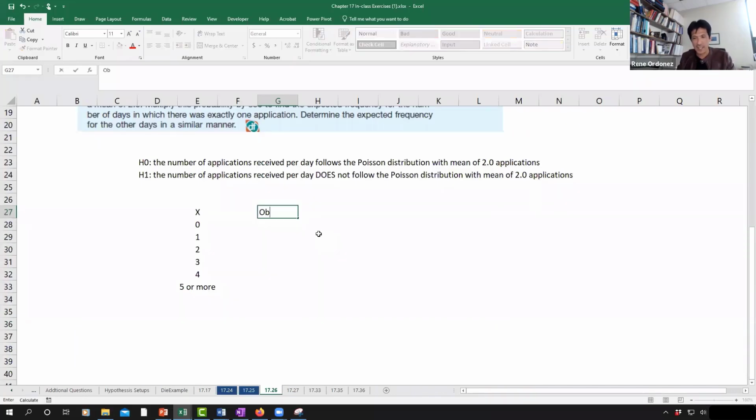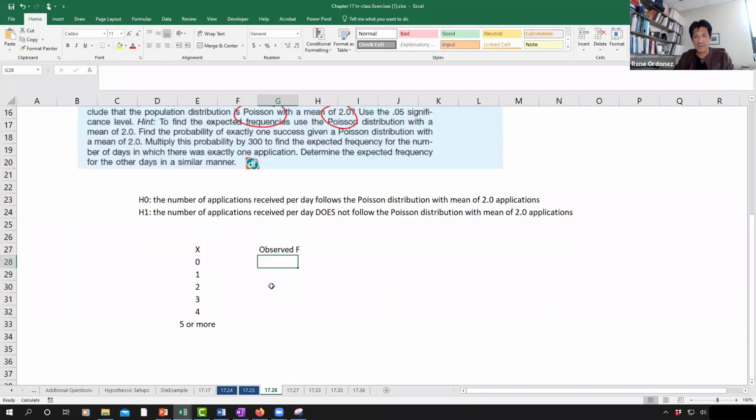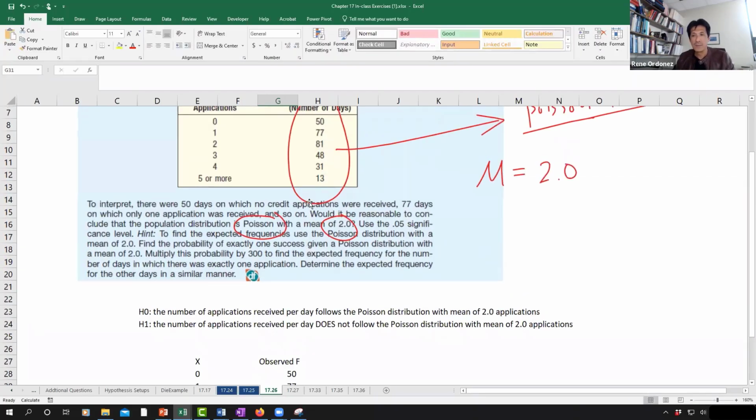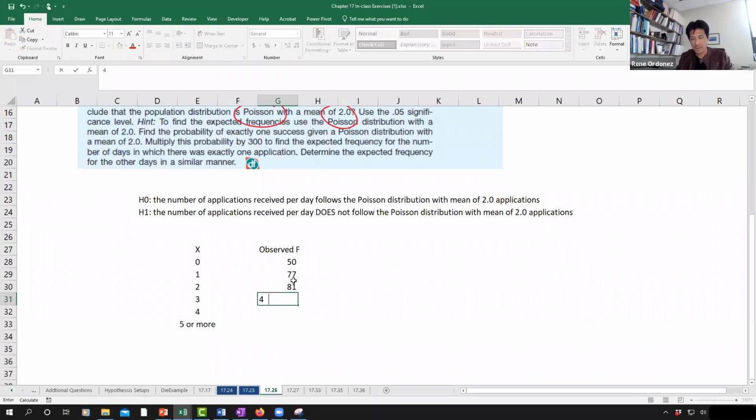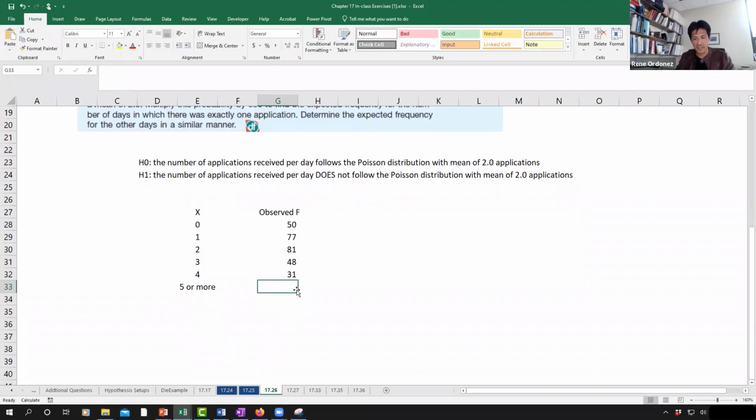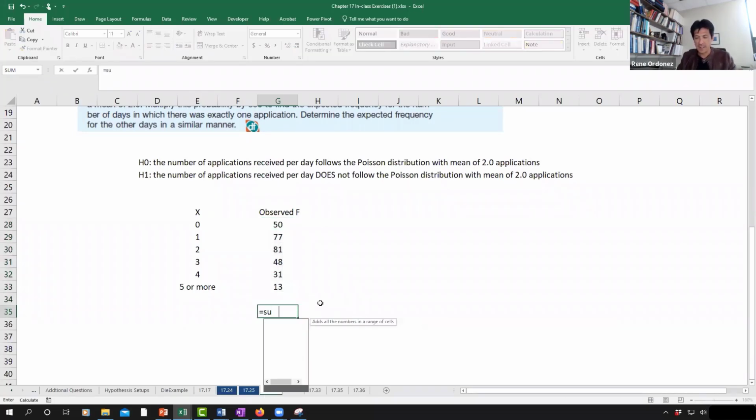Okay, so here are the observed frequencies: 50, 77, 81, 48, 31, and 13. Okay, let's confirm if my numbers are correct. Sum this up. Okay, 300.